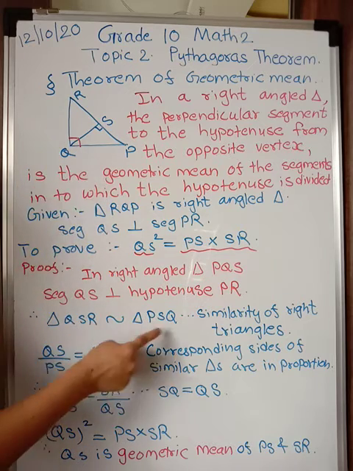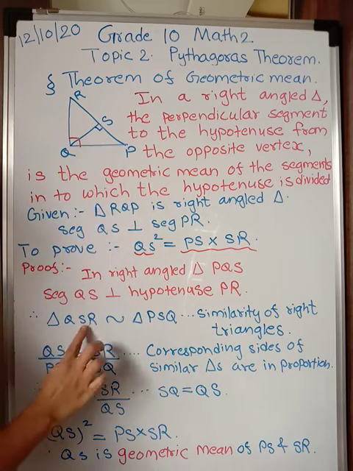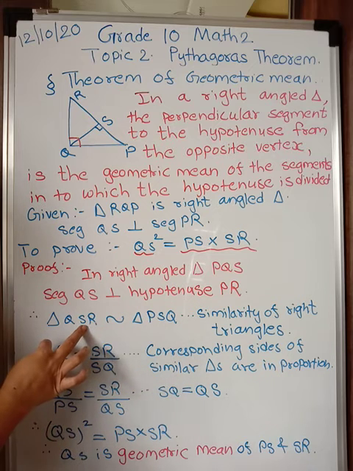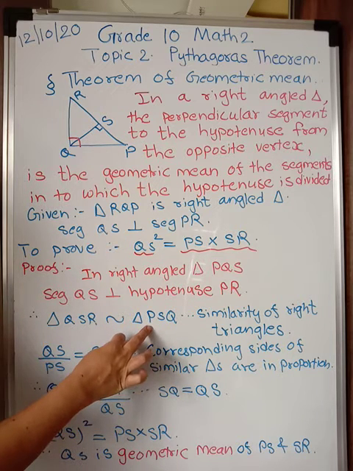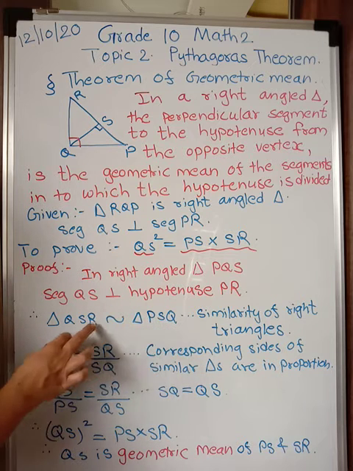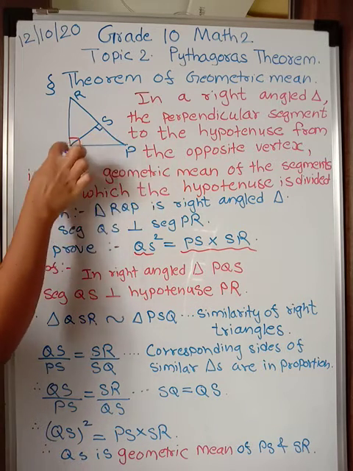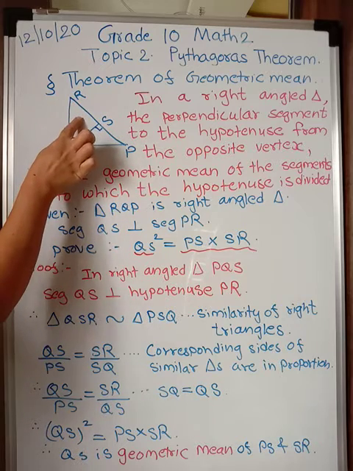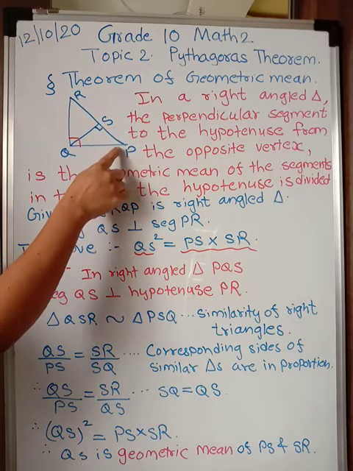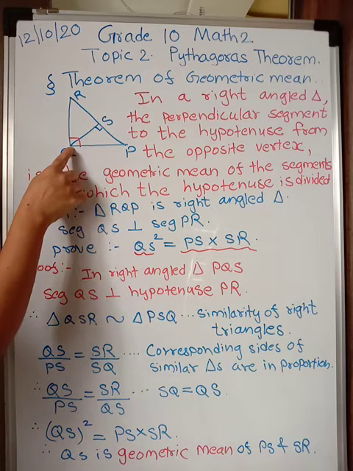Please see that one-to-one correspondence. Angle S is 90 degree over here, so S will be equal to S. Q will be having one-to-one correspondence with P, and Q will be having one-to-one correspondence with R. Mind well. So triangle QSR is similar to triangle PSQ.